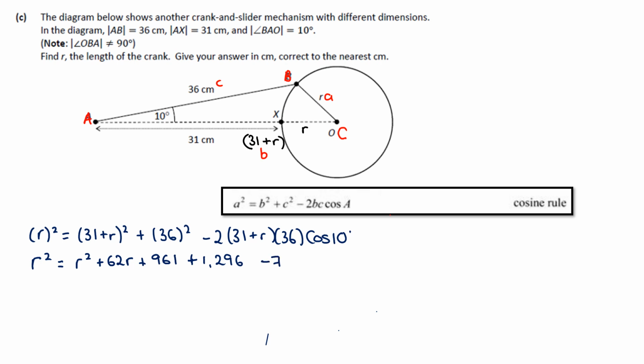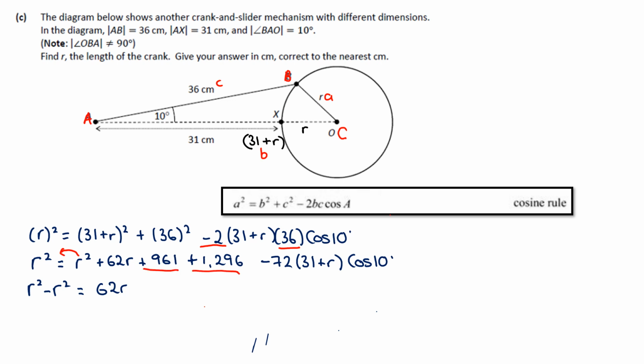So I have minus 72. What I'm focusing on is the minus 2 by the 36. Remember, multiplication is commutative, which means we can do it in any order. 31 plus OR times cos of 10. I'm going to do OR squared minus OR squared here. I then have a 62 OR. I'm going to add these two bits together.